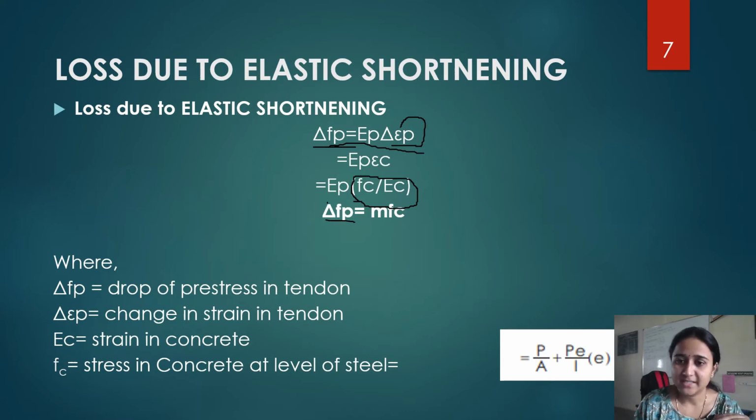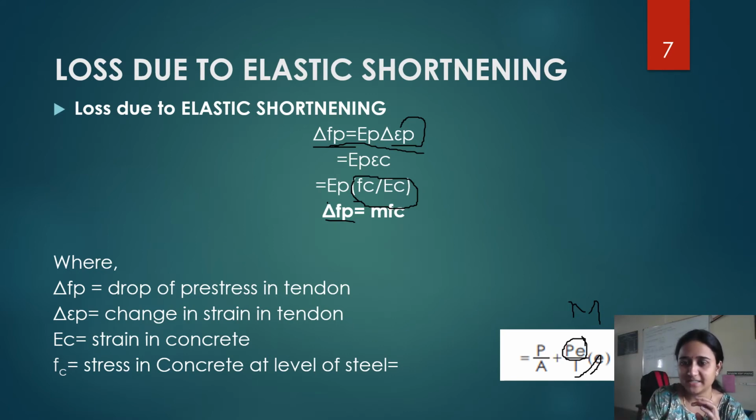So that is calculated as P by A plus M by Z. Exactly. That moment M is P into eccentricity, and M by Z means M y by I. Here we consider that the eccentricity e is the y distance.